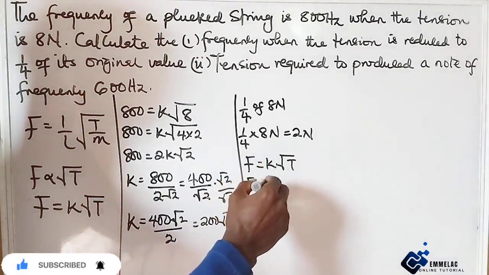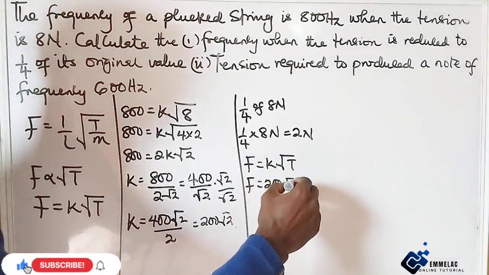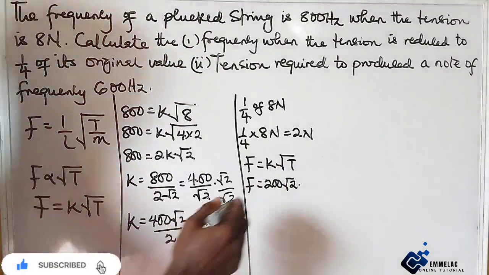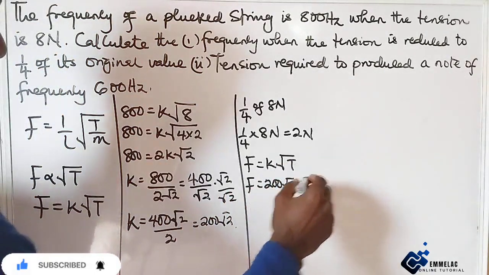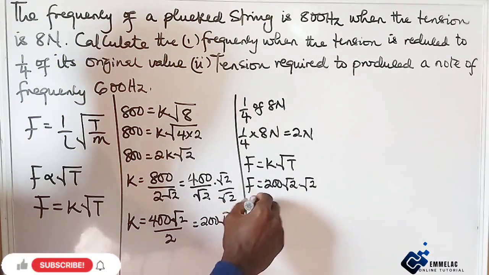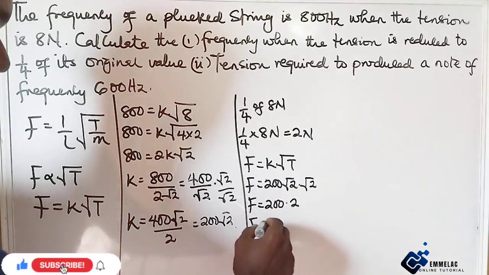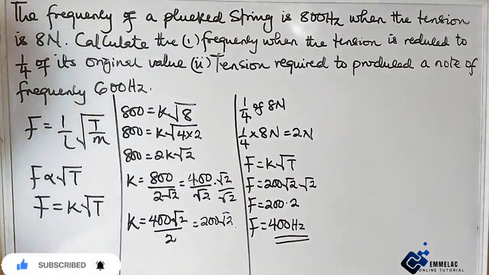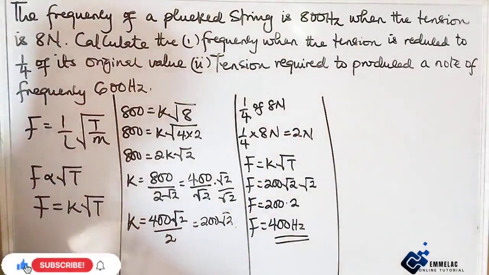F equals 200 root 2 times root 2, the square root of the tension. So root 2 times root 2 will give us 2. So here you have 200 times 2, and that will give us F equals 400 Hz.